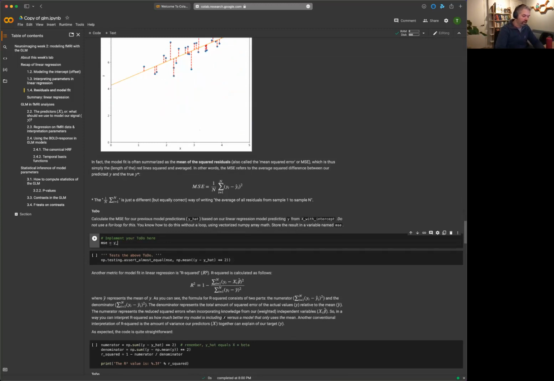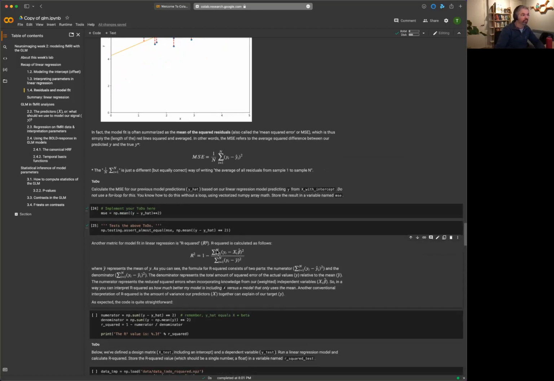We have a y and we have a y hat, right? So that's our residual. It's the difference between the data and our best fitting model, remember. That we need to square because it's the mean squared error, right? And then we have to take the mean, which we can do thusly, right? So that's our MSE.